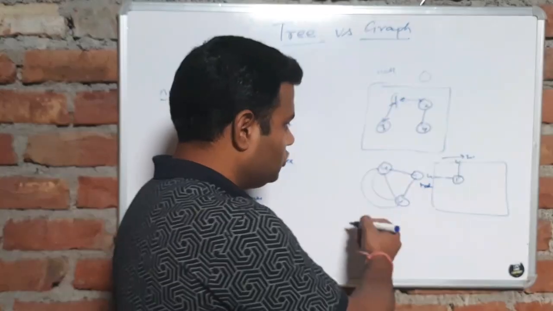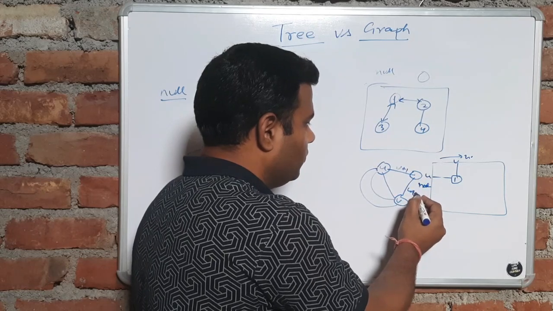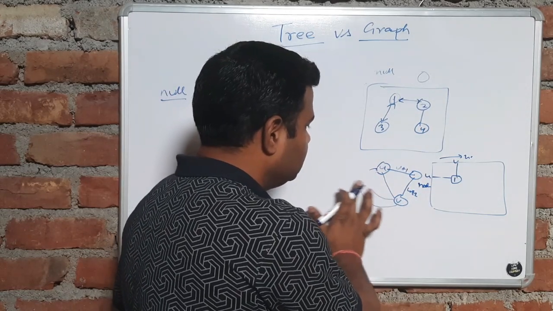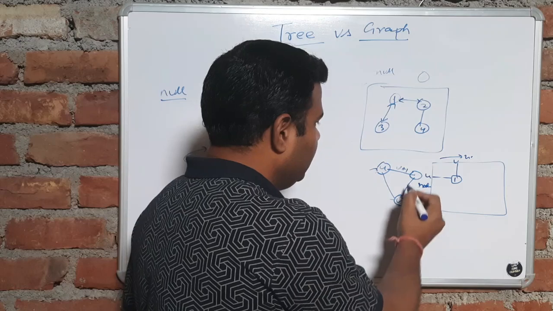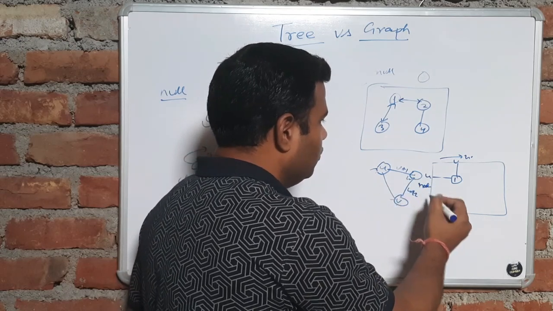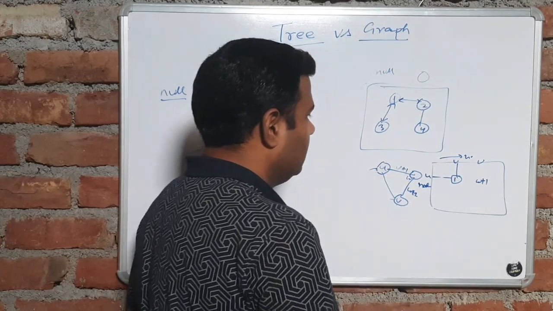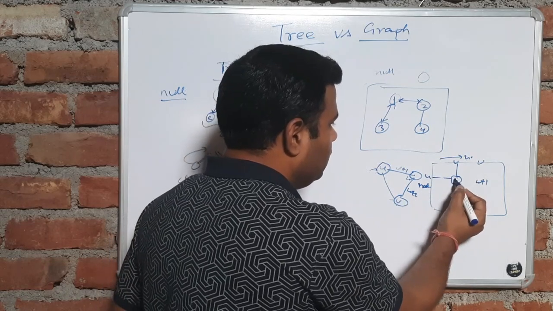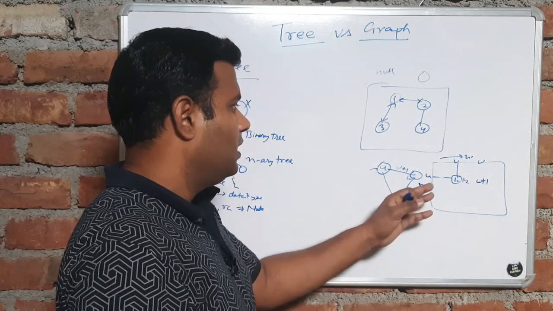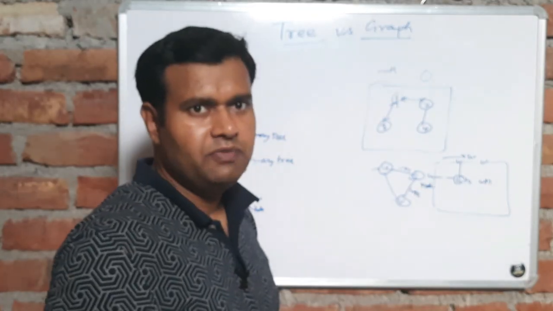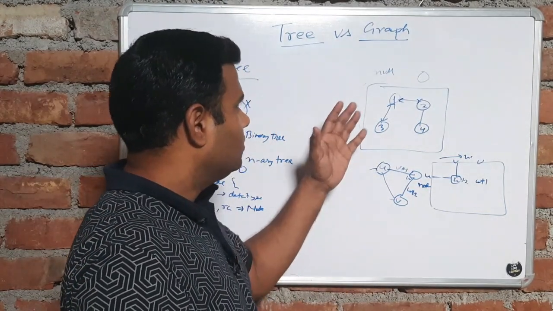Or if it shows weight, let's say WT1 and WT2, given it is not multiple edges connected, then in this particular graph we can show, let's say U, V and W. Then between U and W, the weight is WT1, between U and V, WT2. So this matrix can show either the connection or the weights between the 2 nodes, the weight of an edge. We can show the graph.